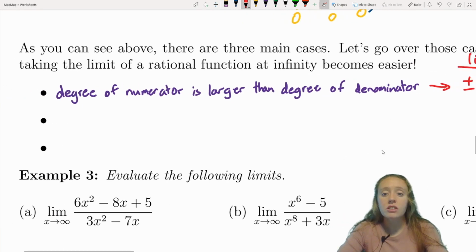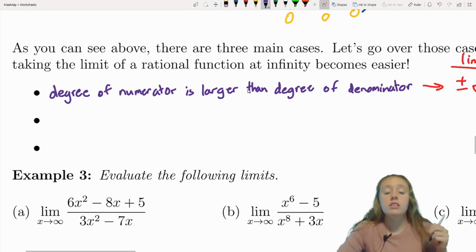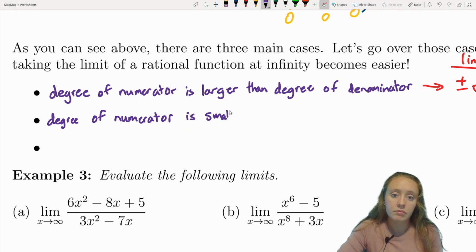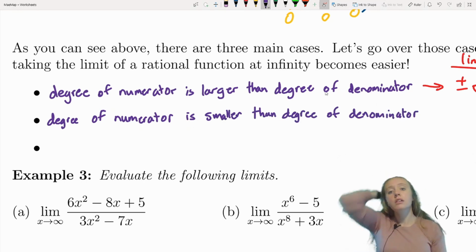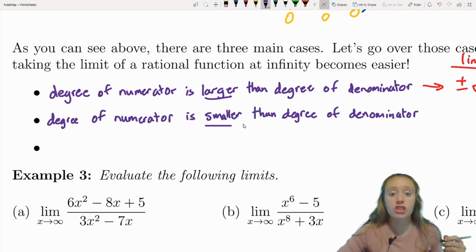Now, the other case was, like in example B, when the degree of the denominator was larger than the degree of the numerator, or the degree of the numerator is smaller than the degree of the denominator. So in the first case, the degree of the numerator was larger. In the second case, the degree of the numerator is smaller.